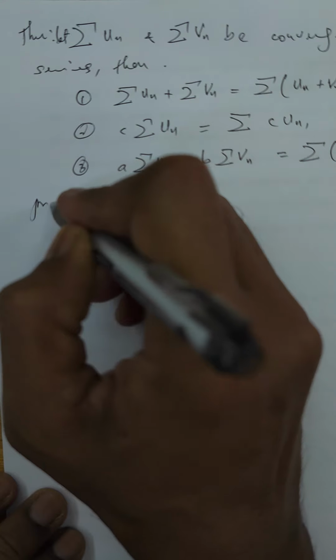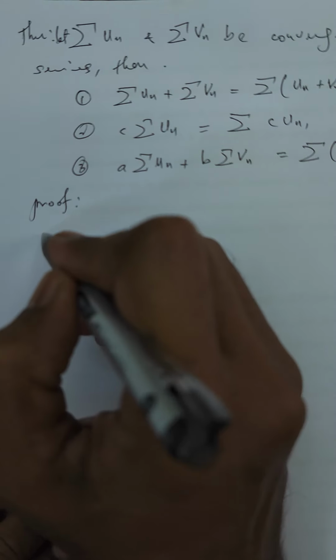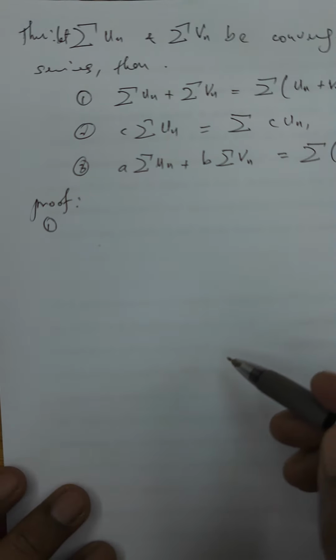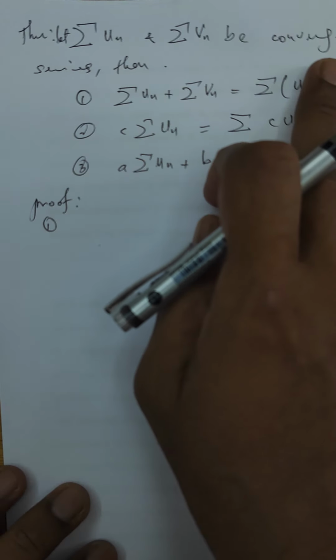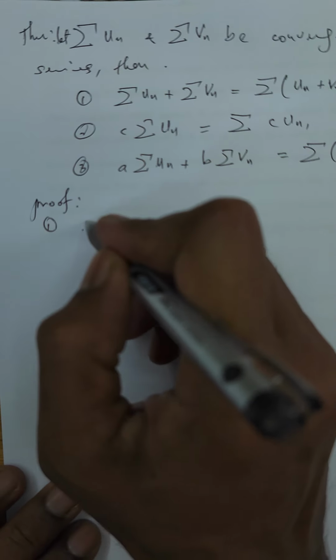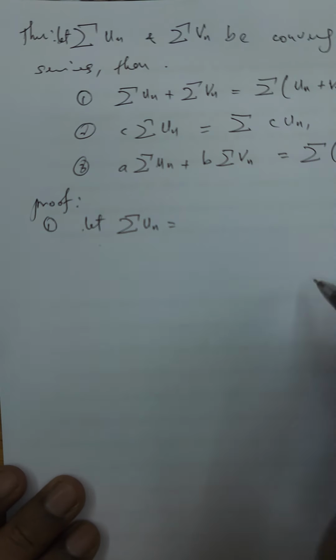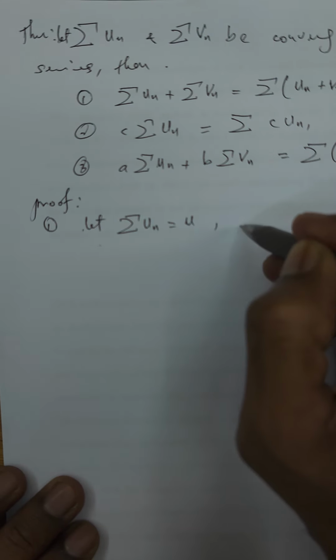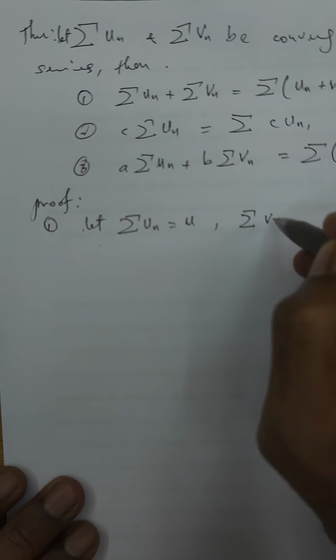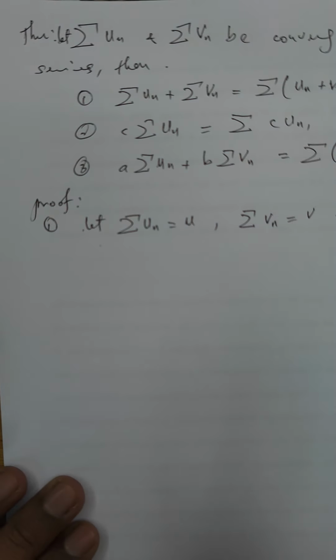So, proof of the first part. Since the given series converge, let's say the sum of un converges to u and the sum of vn converges to v.